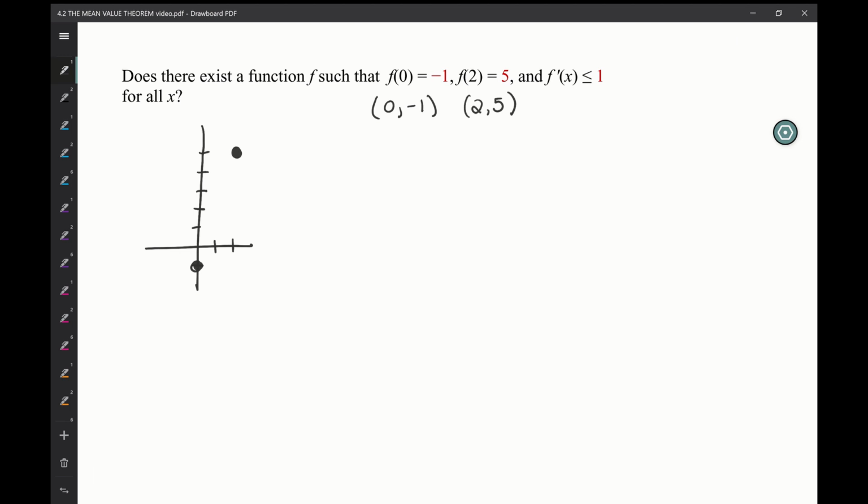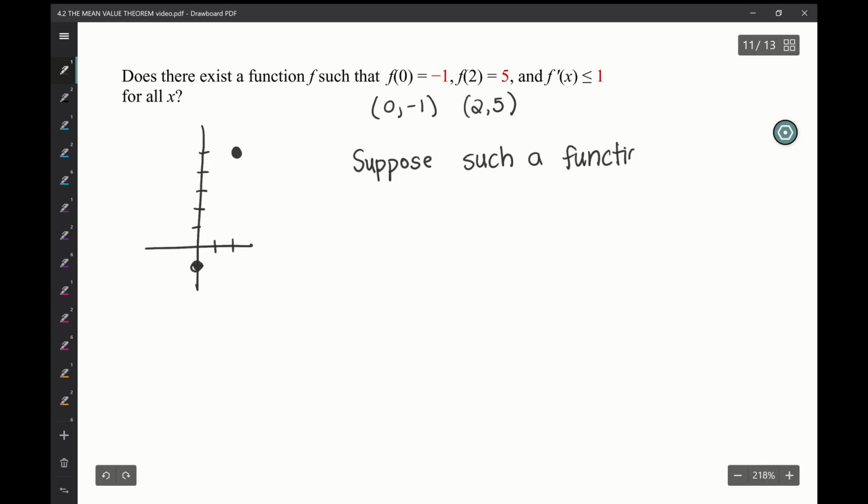Okay, so let's just suppose that this function does exist, and that it is continuous on the interval between these 2 points.